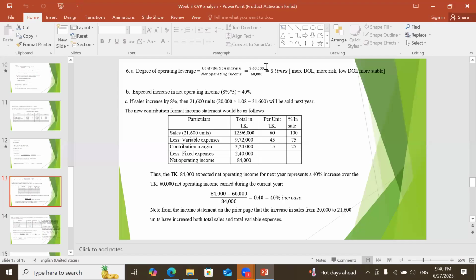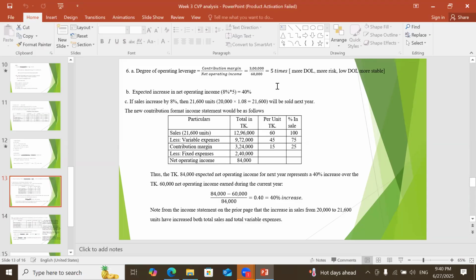Contribution margin 3 lakh and net operating income 60,000 is equal to 5 times, because the company has the capacity of 5 times to pay its liabilities, or the power of the company.